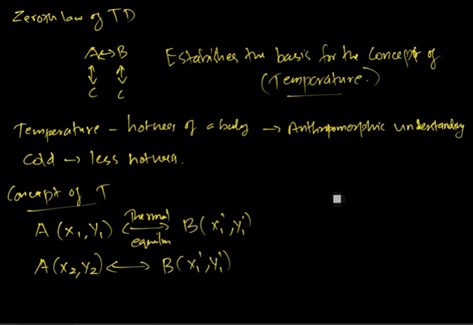That means if you have two systems A and B separated by a diathermic wall, definitely they will be in thermal equilibrium, and the system A has the state x1, y1 and the system B has the state x1 prime, y1 prime.